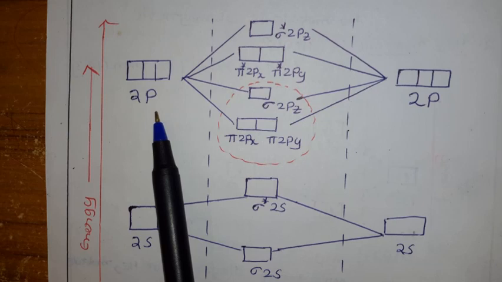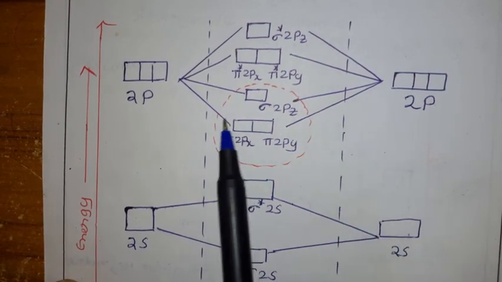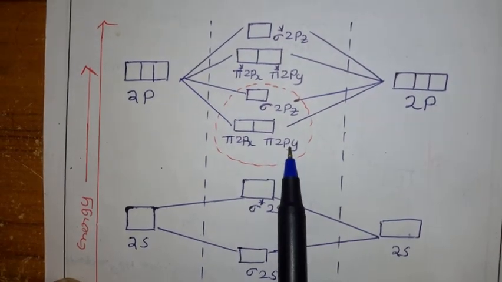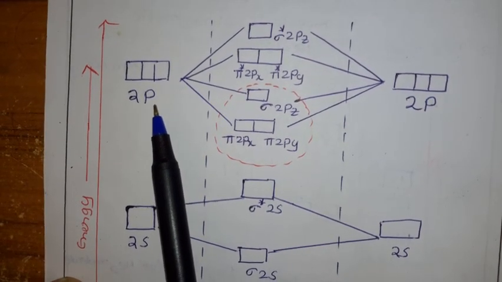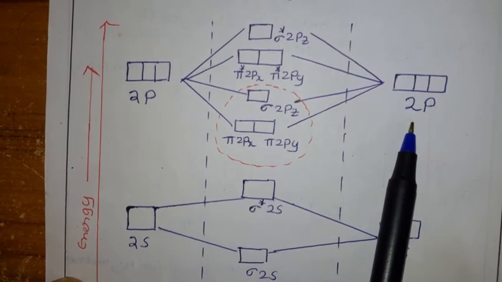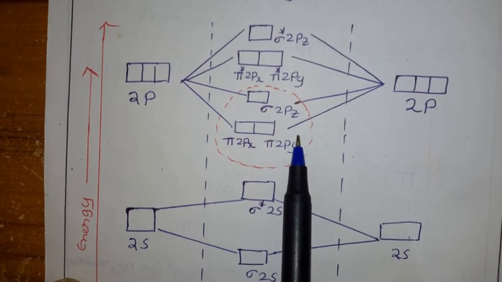Next, after the 2s we have the 2p. The 2p of one atomic orbital and the 2p of another atomic orbital give a total of 6 molecular orbitals. Why? Because we have 3 plus 3 orbitals, giving 6 molecular orbitals.